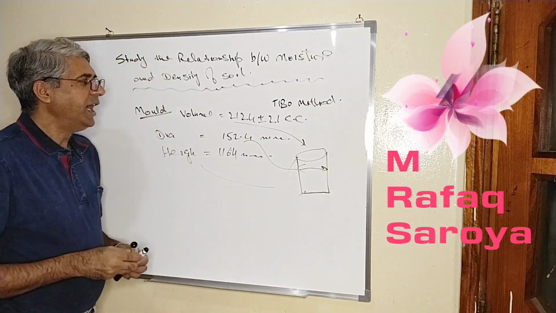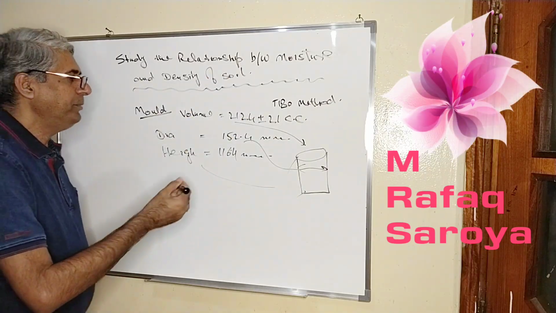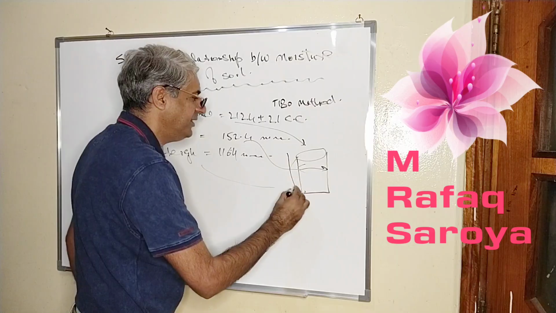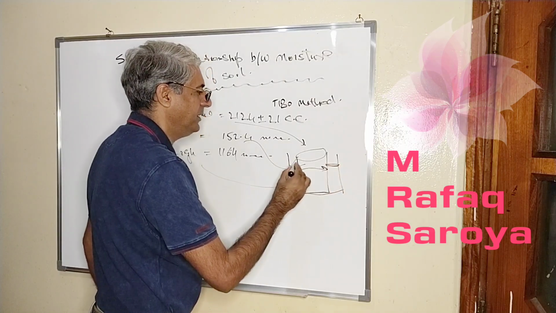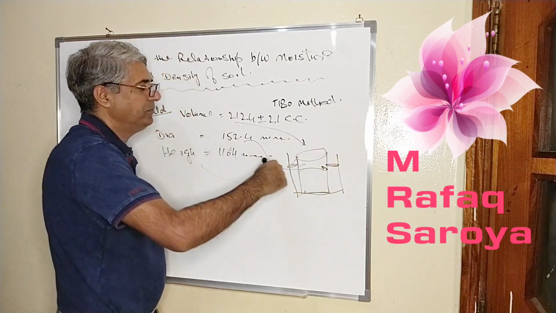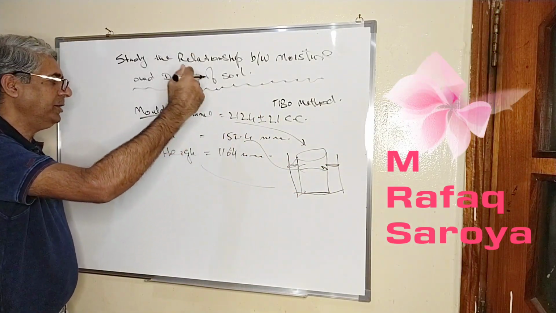After that, we have to compact the soil, and before compaction, we fix the mold on the base plate. This is my base plate. We have fixed it on the base plate, and we are compacting it by rammer.